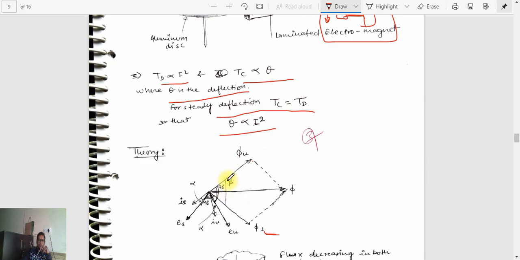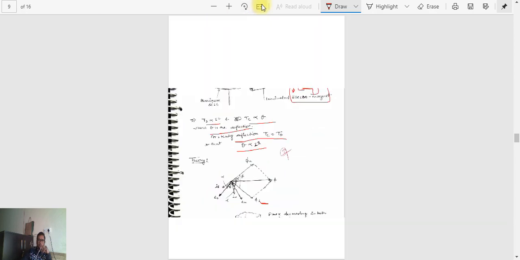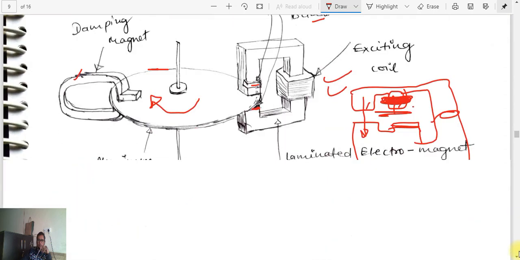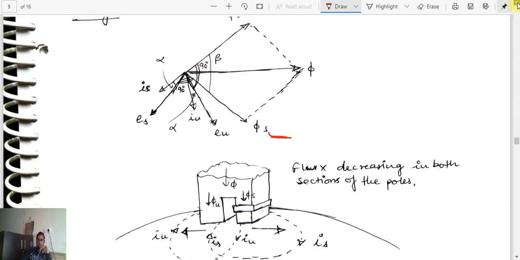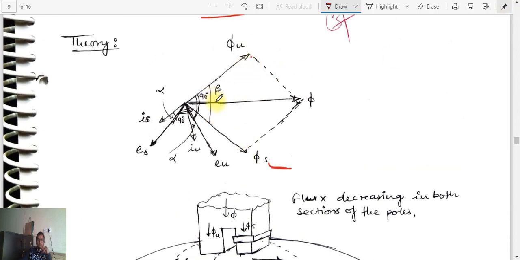The angle between this is beta. For phi u, this is at 90 degrees, this is the eddy voltage EU developed, and for phi s, this is the eddy EMF ES, and the eddy current IS in the shaded ring is lagging by alpha.